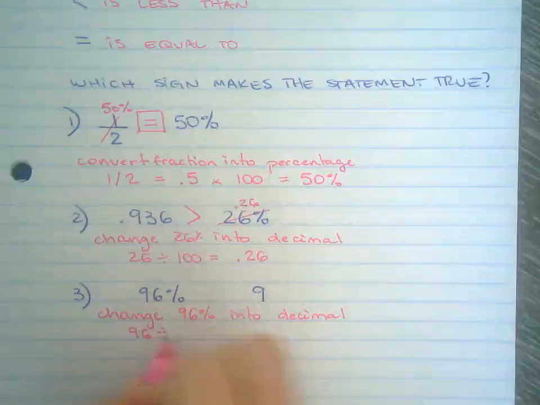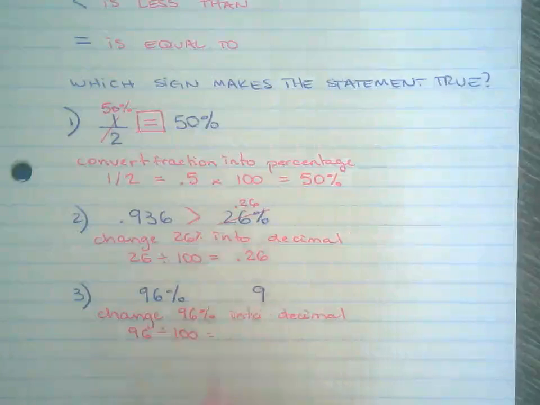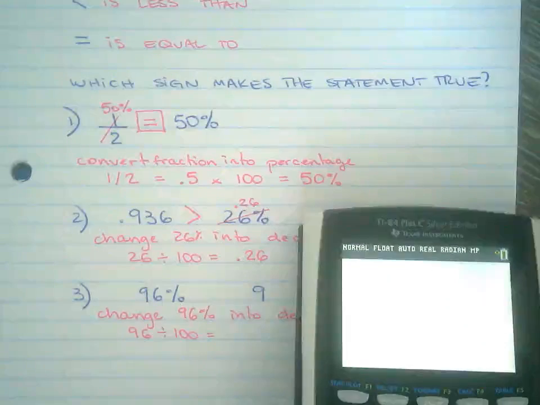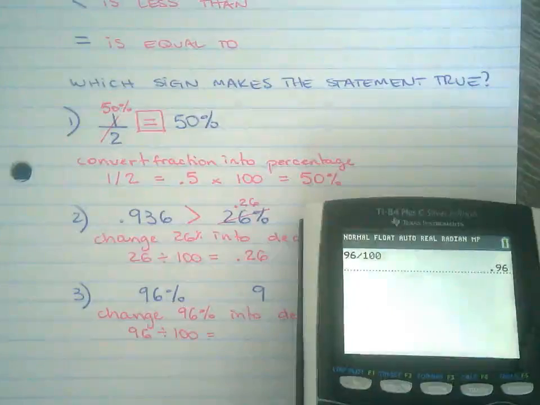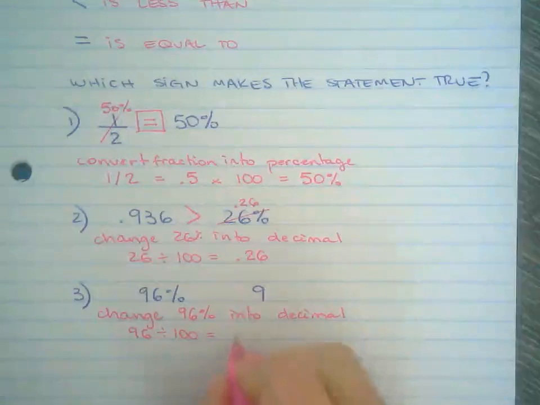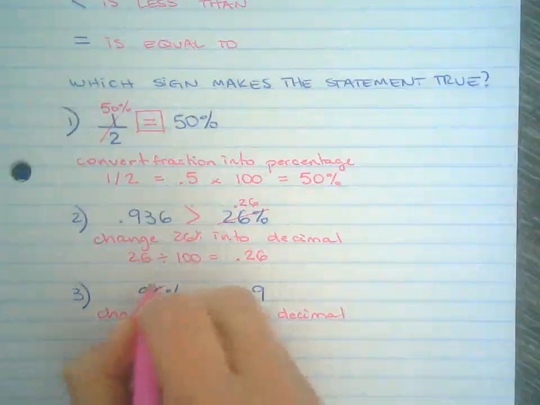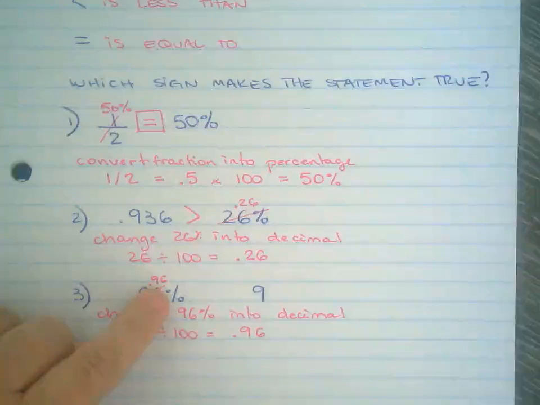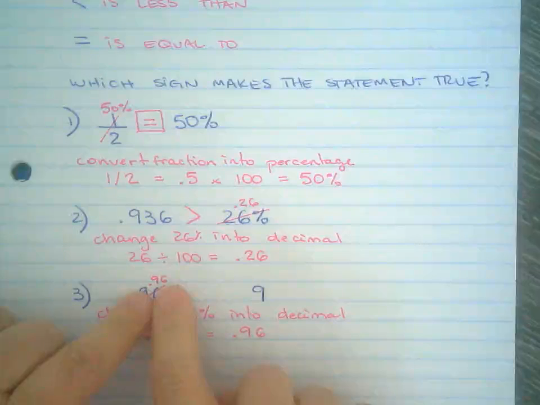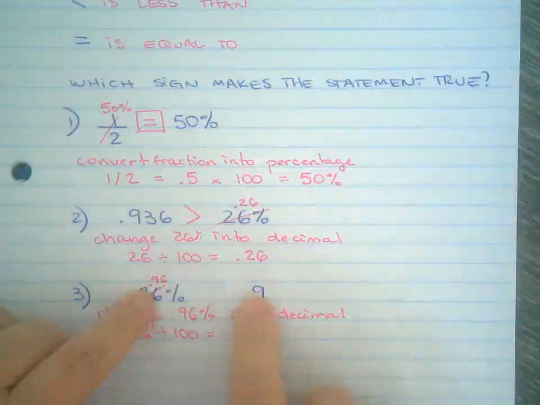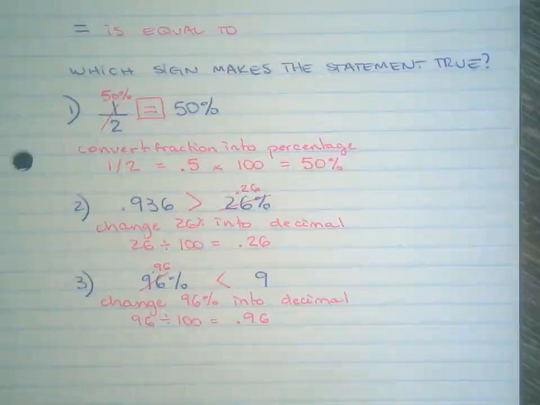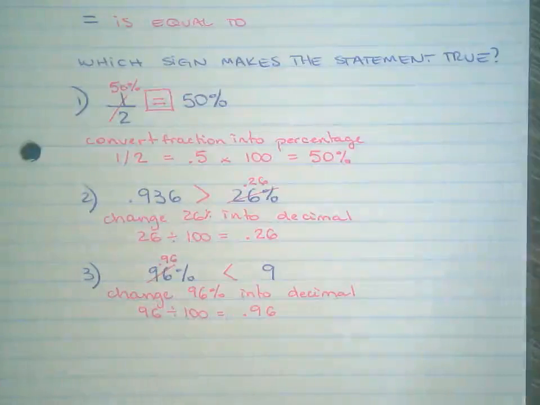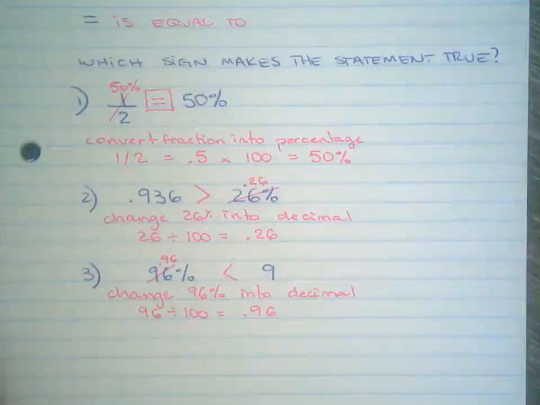So 96 divided by 100 is 0.96. So 0.96 is smaller than, is less than 9. So I'm going to use the less than sign. That's all I got.